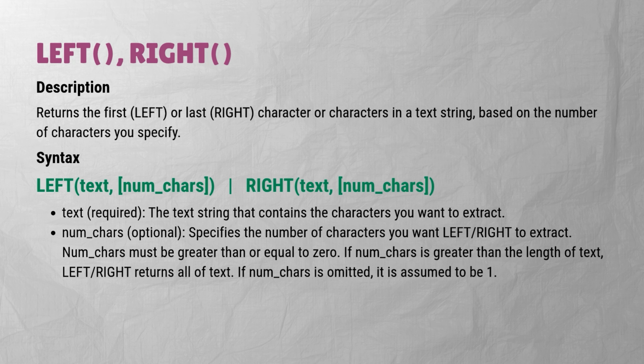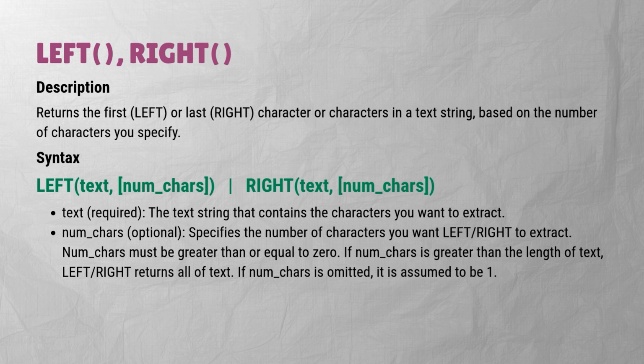Left and right essentially return the first or the last, depending on whether we're using left or right, character or characters in a text string based on the number of characters that we specify. Left and right have the exact same syntax. We have one parameter that is text. This is the text where we want to extract characters from. And then number of characters, which is optional.